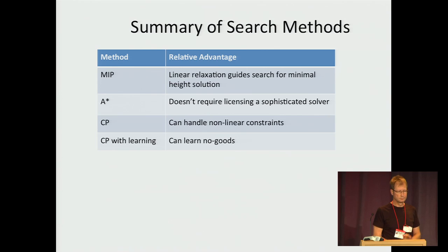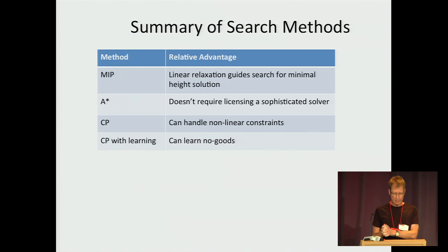So let's step back a little bit. We've looked at 4 different ways of solving the constraint optimisation problem for table layout. The first of these is MIP, and the advantage of that is that linear relaxation provides a global way of finding the minimal height solution. We've also looked at A*.